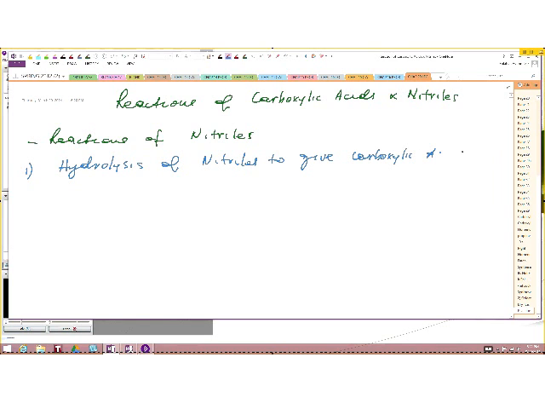Here, take any nitrile, take dilute acid, with heat, you will get this product here.